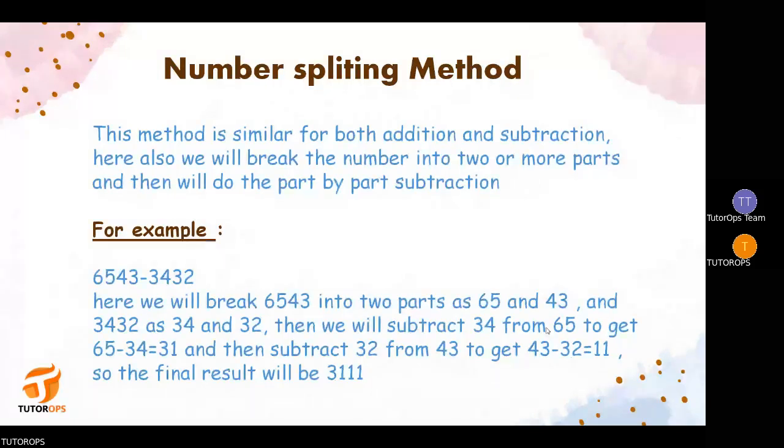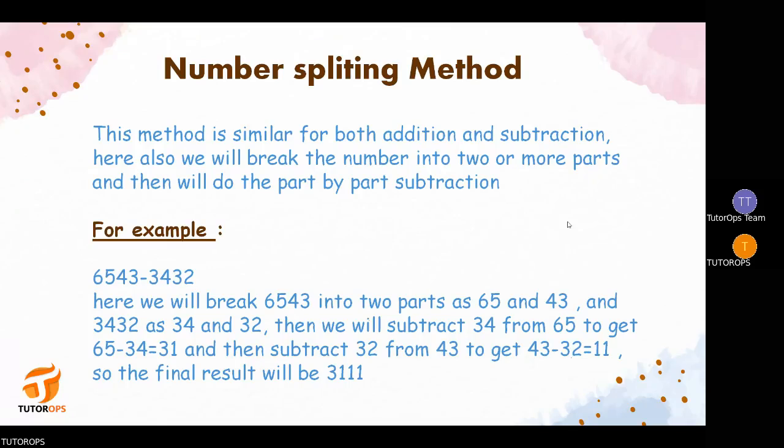Now, let me take a 4 cross 4 example, that is 6543 minus 3432. Here we will break 6543 into two parts as 65 and 43. As I have mentioned in the earlier videos also, don't write 6543 as 65 plus 43 or something. We are breaking it.